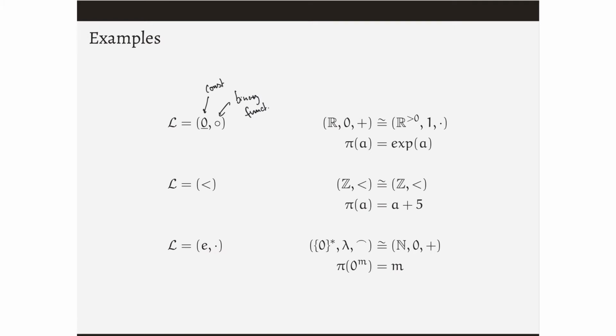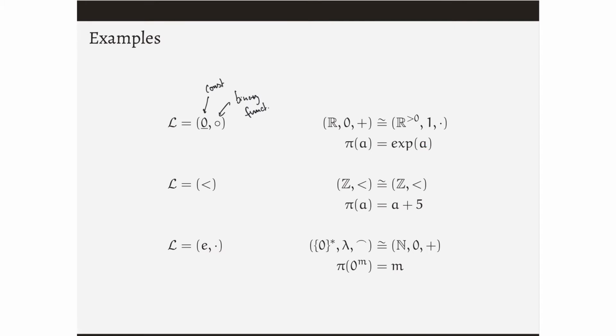The structures are, on the one side, the real numbers, interpreting the constant as 0 and the binary function as plus. The other structure is the positive real numbers. We now interpret the constant symbol as 1, and the binary function is multiplication. And the isomorphism, of course, is given by the exponential function.